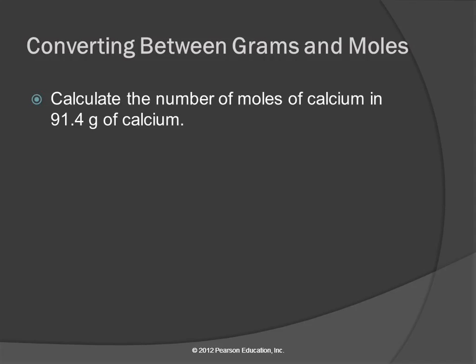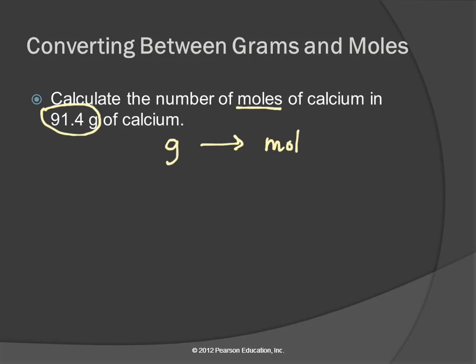So calculate the number of moles of calcium in 91.4 grams of calcium. Dimensional analysis. There is one number here. Let me get my chalk color back here. 91.4 grams of calcium, and they want the number of moles. So we're going from grams to moles.